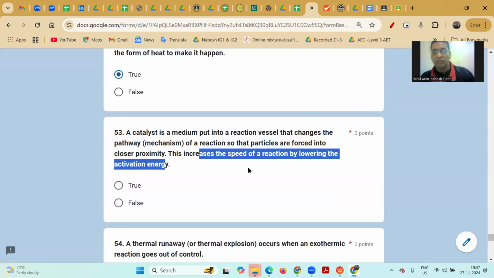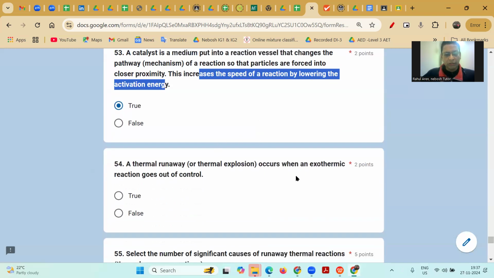This is a specific type of catalyst. The energy should not increase, but the speed of the reaction increases. So a process taking some time, we increase the speed, but energy will remain constant. So a special type of catalyst can be utilized, and the answer is true.